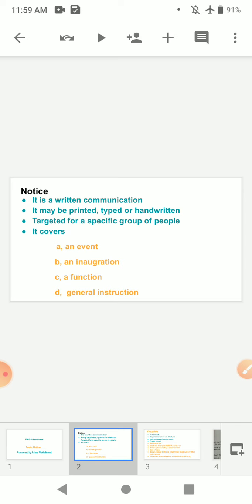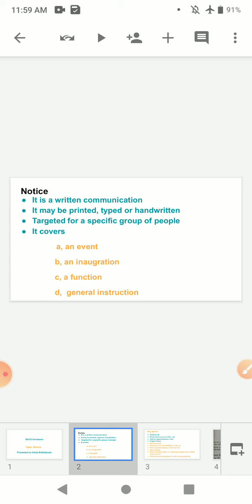That means we convey our message, information, instruction or any news through the mode of writing. It may be printed or typed or sometimes even handwritten, and we have some audience in our mind while writing a notice.